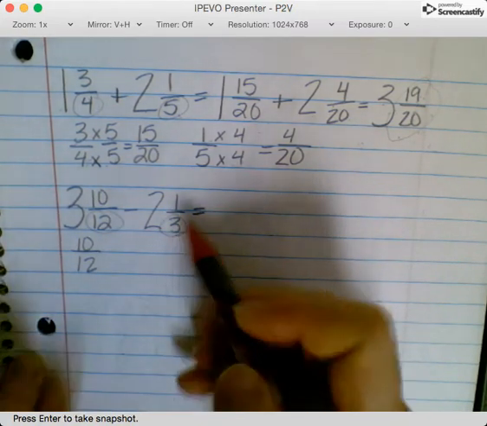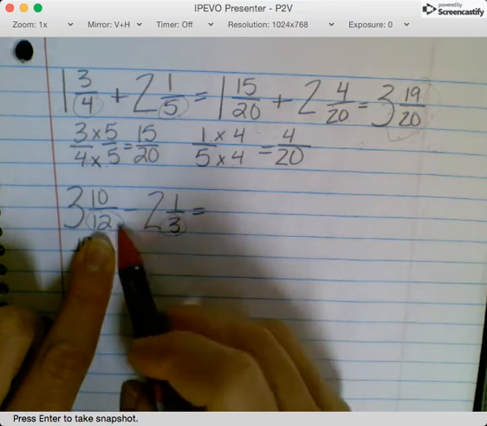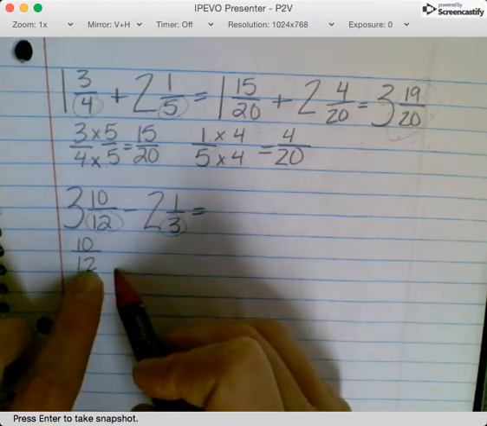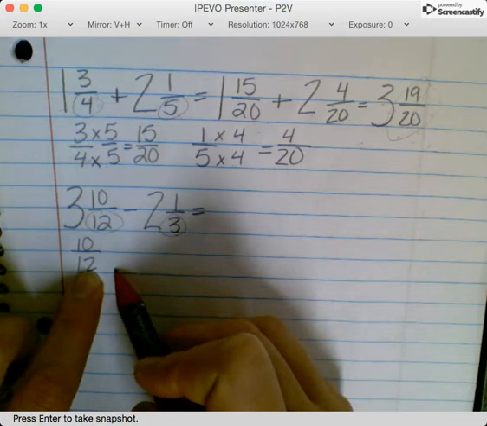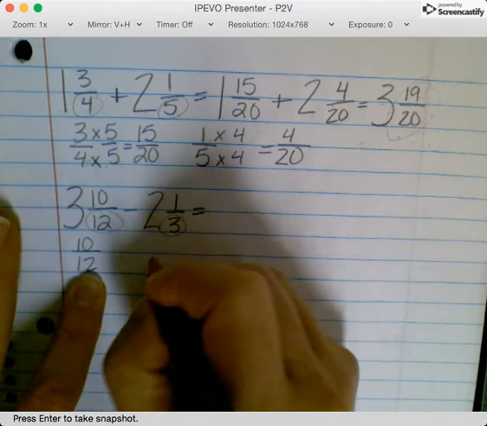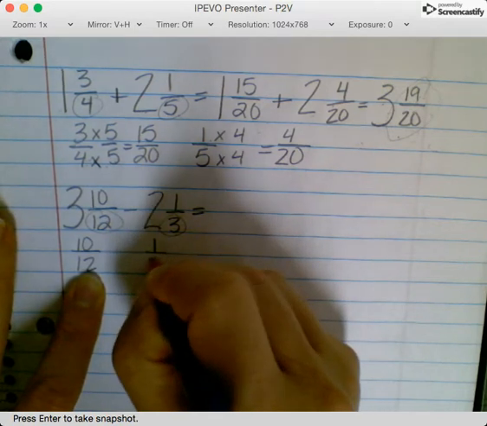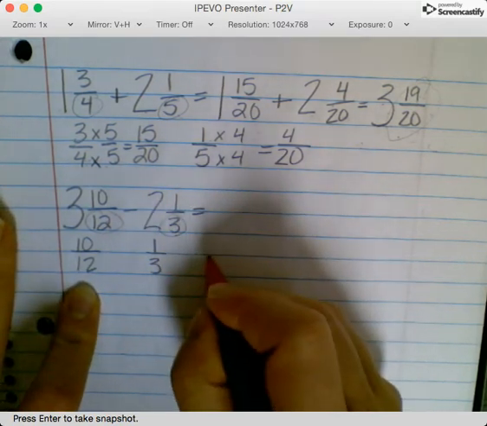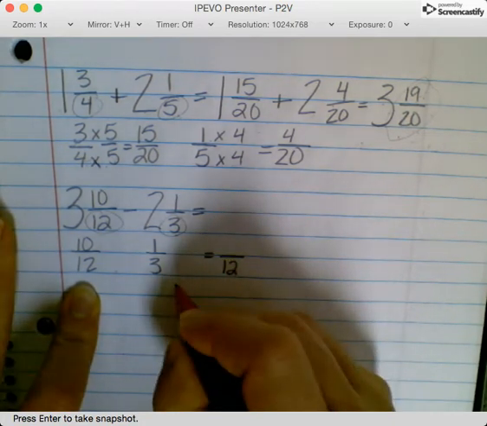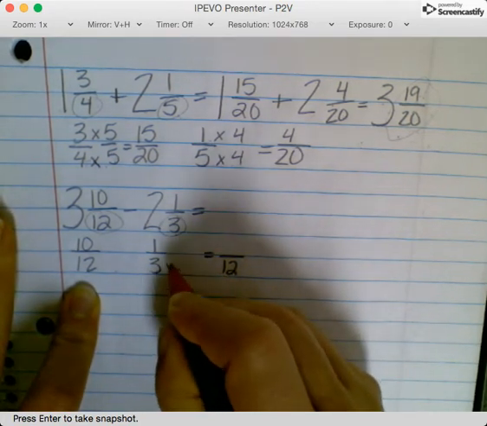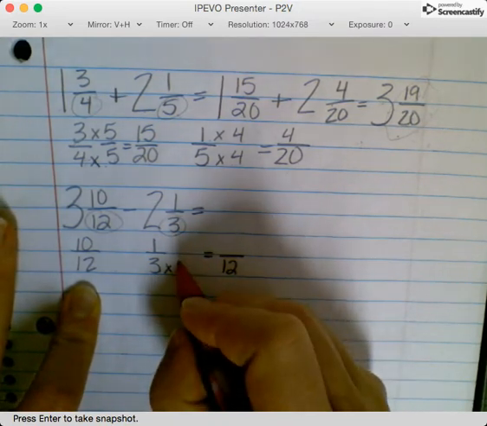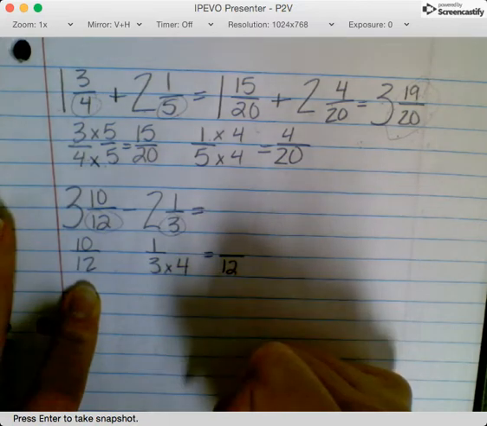And actually, in this case, our 3 goes into 12. So we don't really have to do anything with our 12 because 3 and 12 have 12 in common. So I'm going to leave my 10/12 the same. And then I'm going to take the other one and make it into something over 12. Okay, so how do I get from 3 to 12? I multiply my 3 times 4.